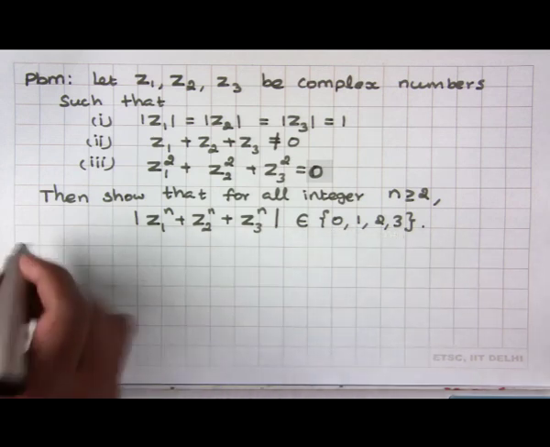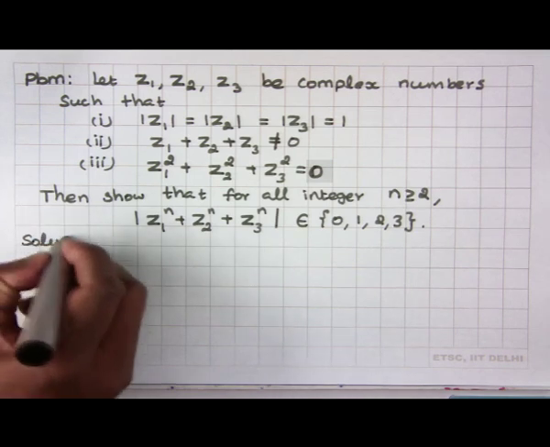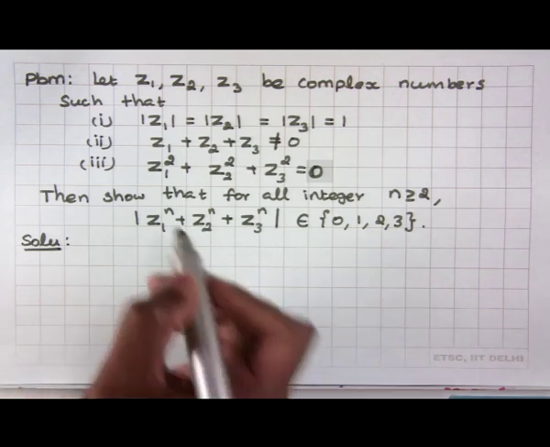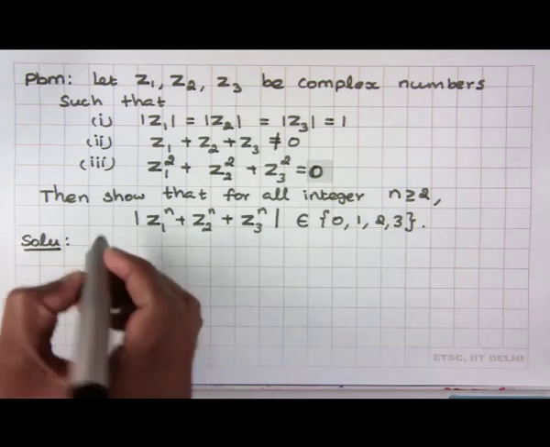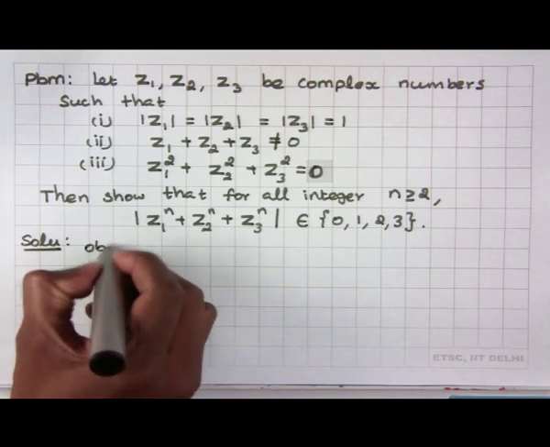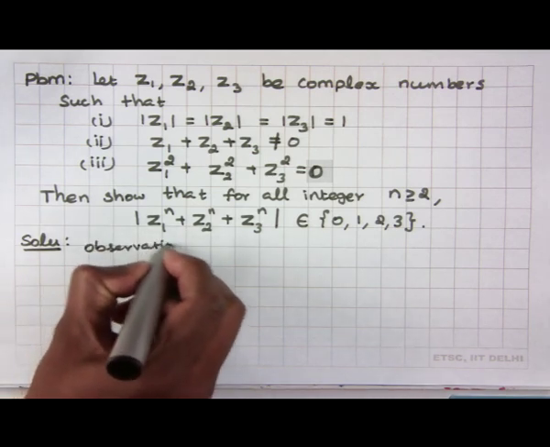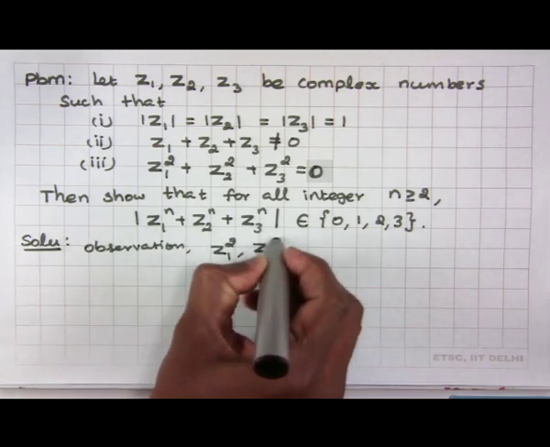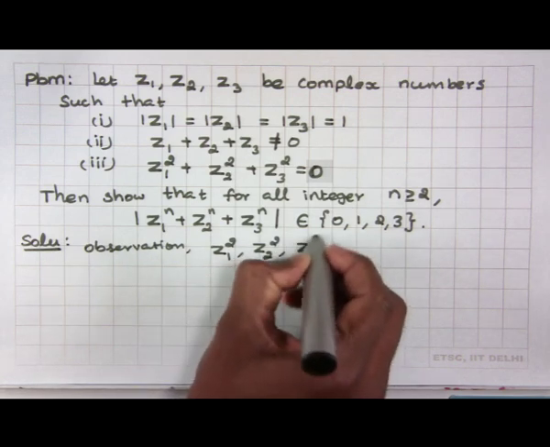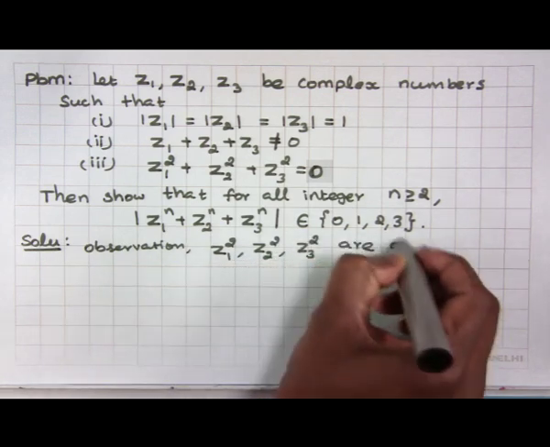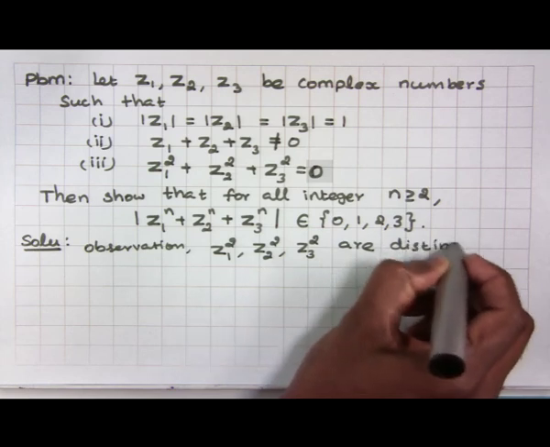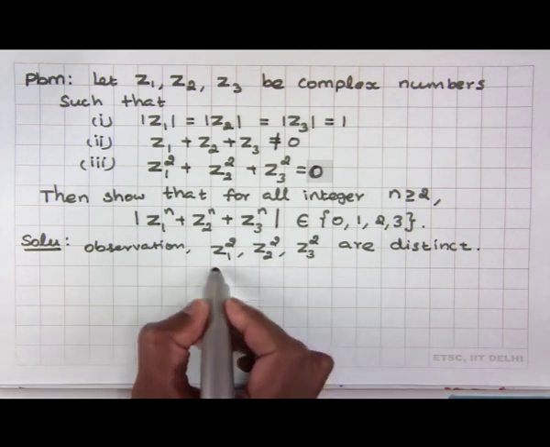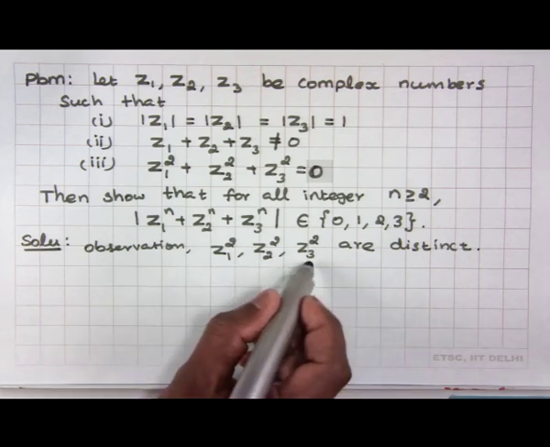Okay. So, let us try to prove this result. The first observation we will make is that the complex numbers Z1 square, Z2 square, Z3 square are distinct. Suppose they are not distinct, what happens?